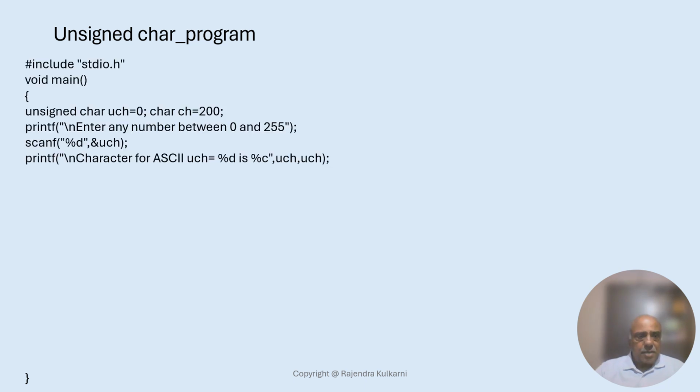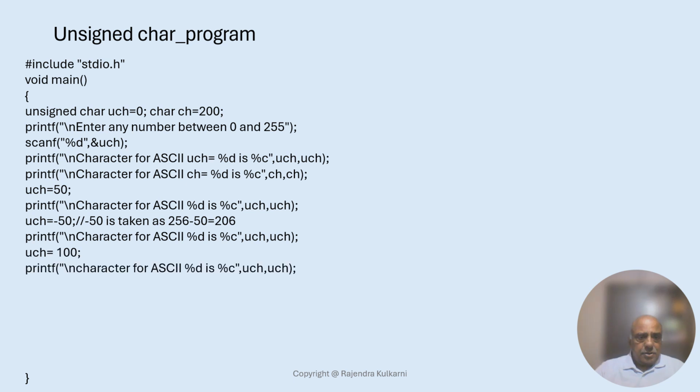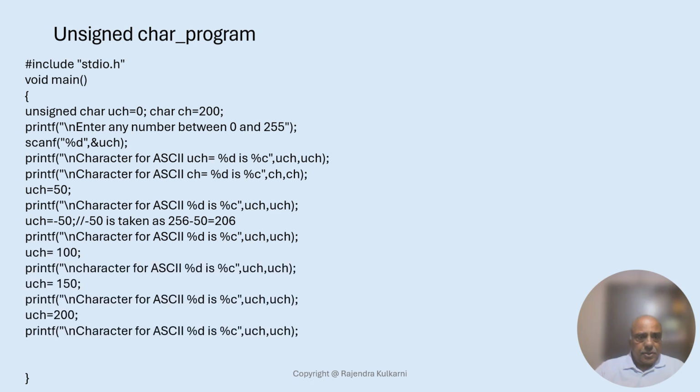A small unsigned char program, where we declare unsigned char UCH is equal to 0 and char CH is equal to 200. These two char type variables have been declared.